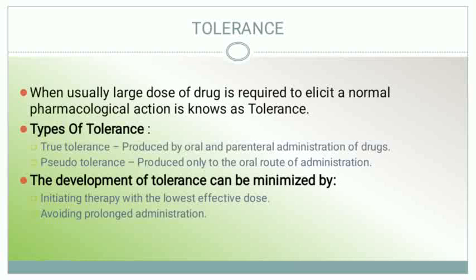This tolerance is of two types: true tolerance and pseudo tolerance. True tolerance is produced by oral and parenteral administration of drug, whereas pseudo tolerance is produced only by the oral route of administration. In true tolerance, the receptors of the drugs are decreased, but in pseudo tolerance, receptors are alive, but absorption of the drug is decreased and or excretion is increased.